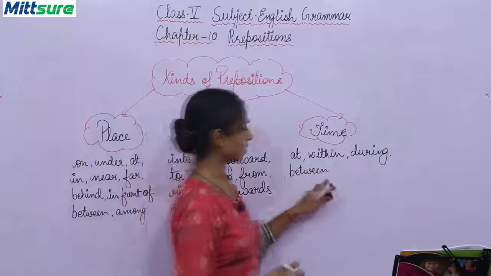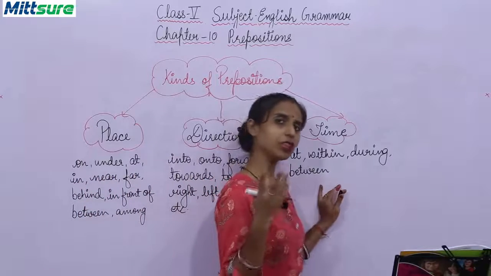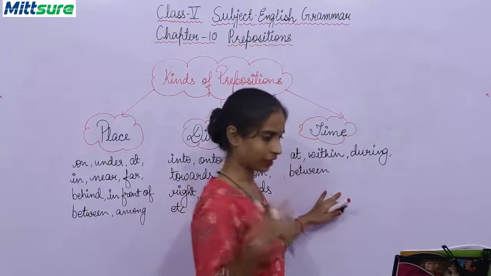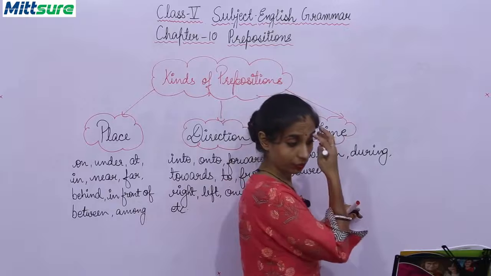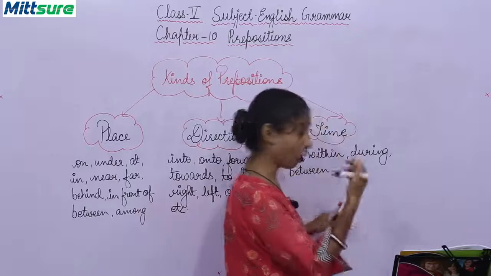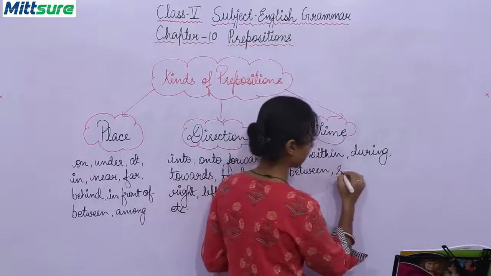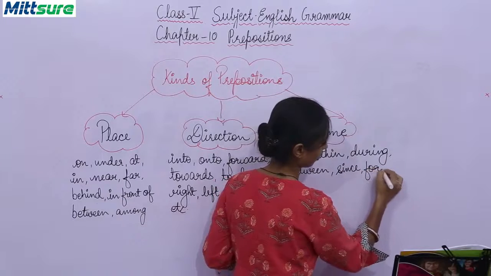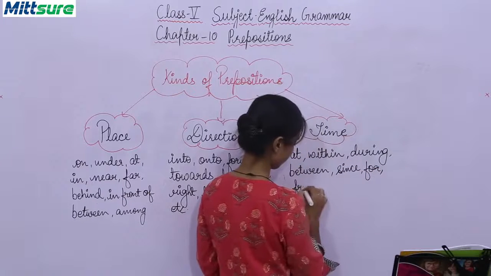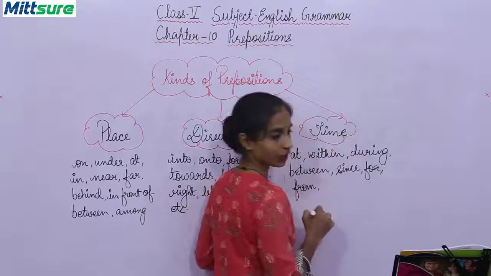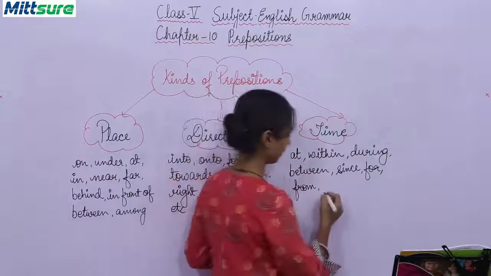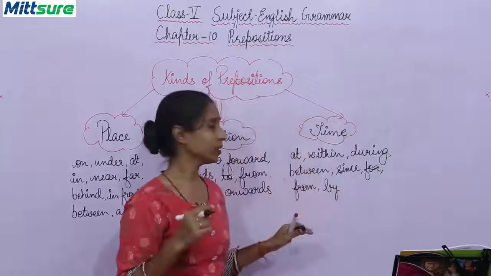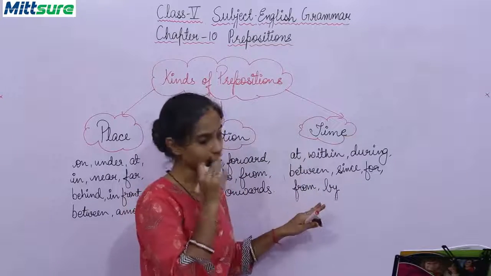Alright. Between 2 hours. Where were you? Like that. Then you can say for, since, from, by. These are few prepositions of time.